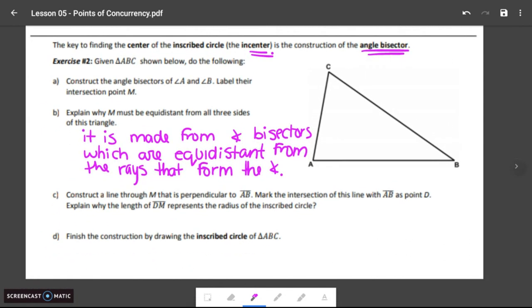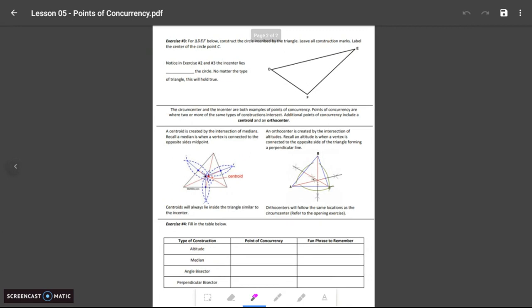Okay. So we followed through our construction. We finished that off. Let's look at the next one.